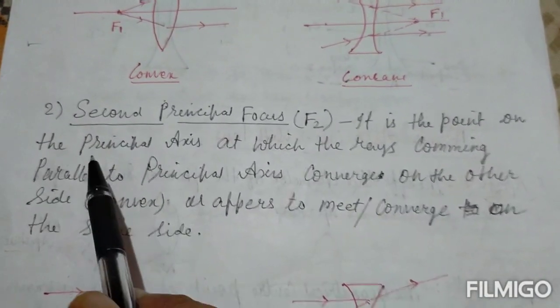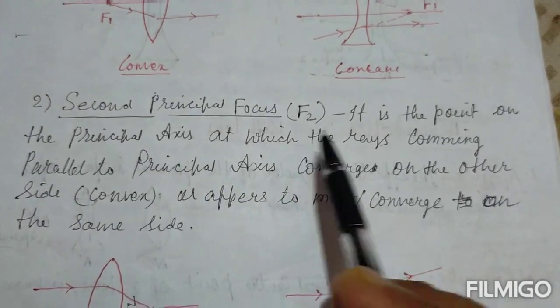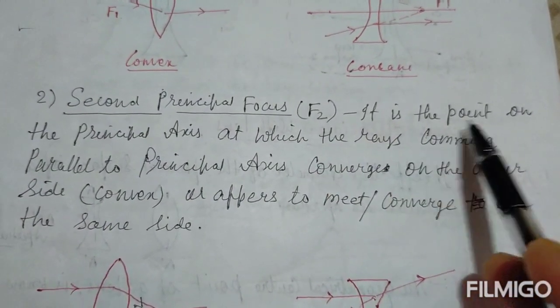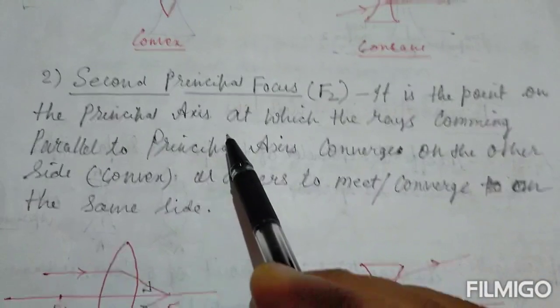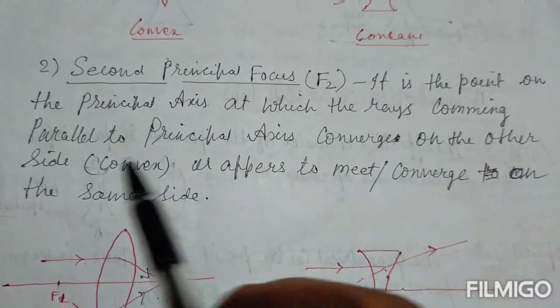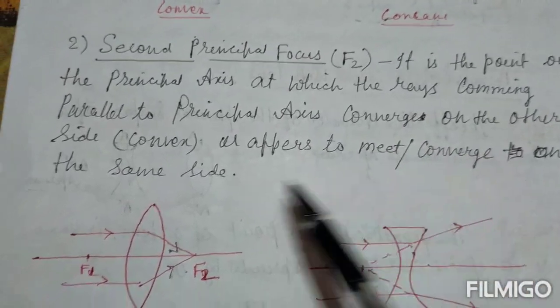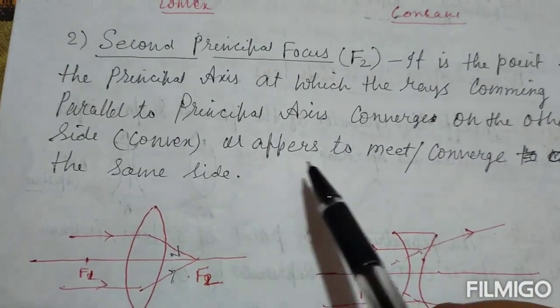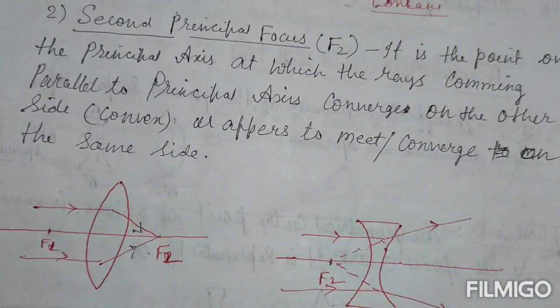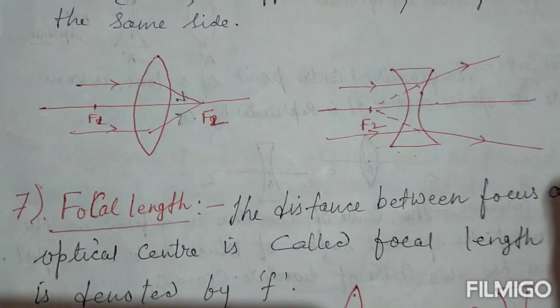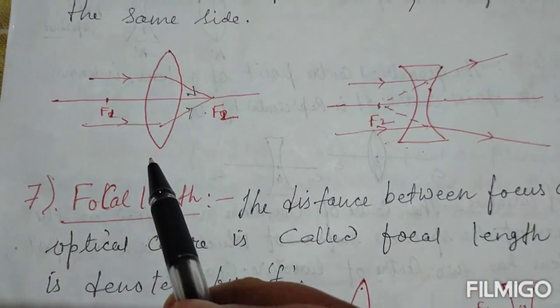Next is the second principal focus, f2. It is a point on the principal axis at which rays coming parallel to the principal axis converge on the other side or appear to converge on the same side. See in this figure, this is a convex lens.